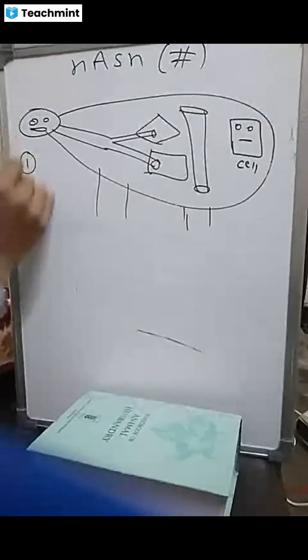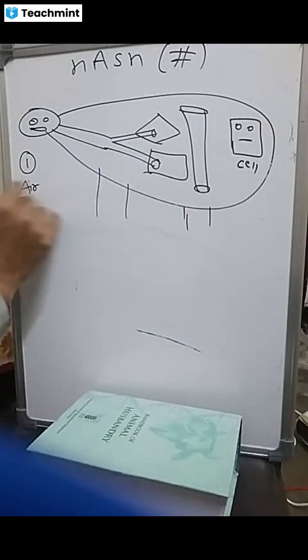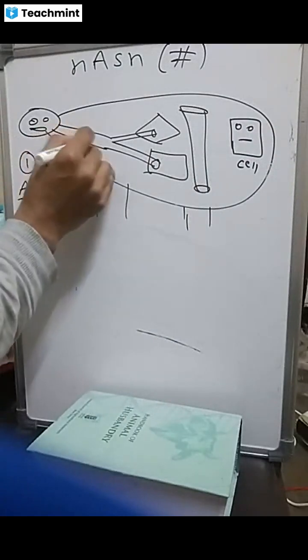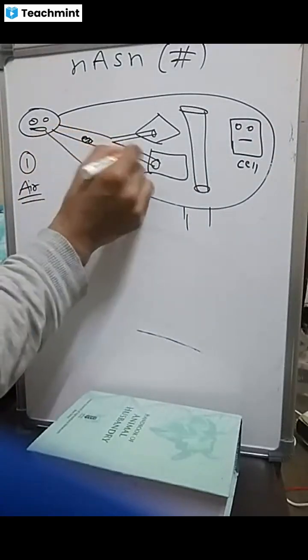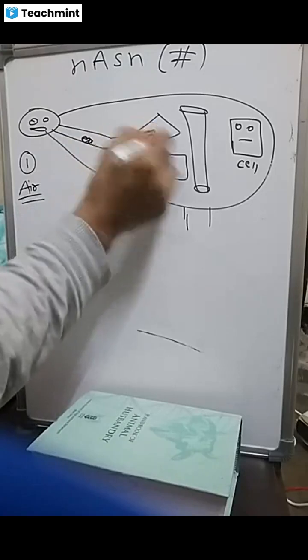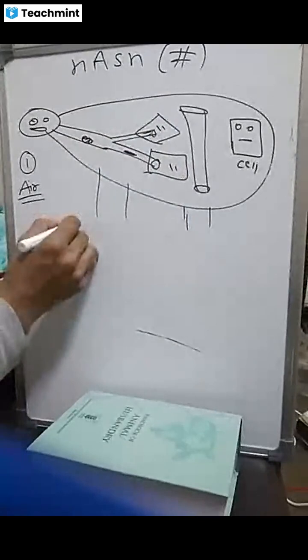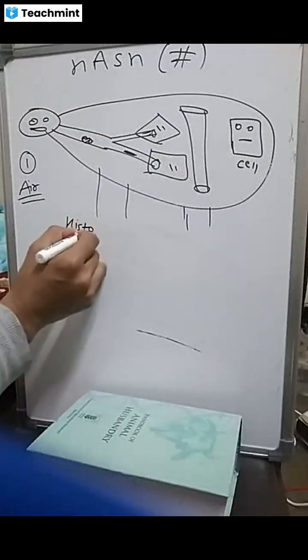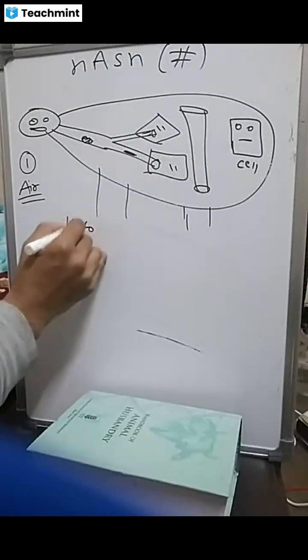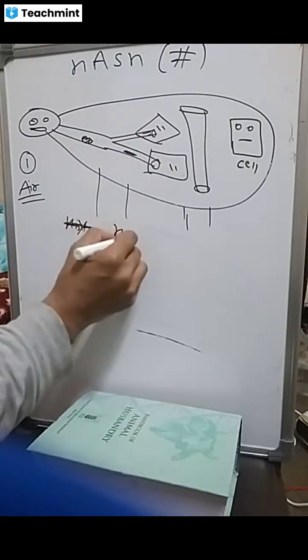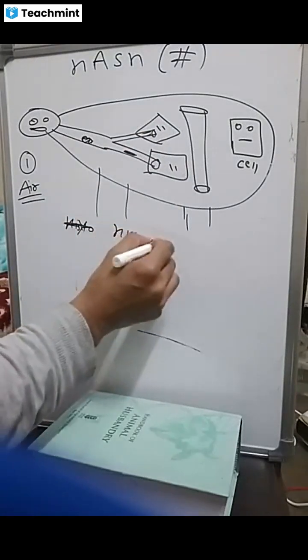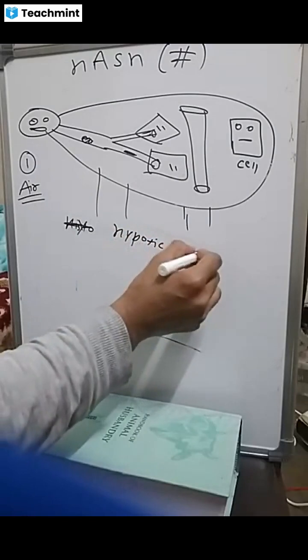First problem is at the level of air or at the level of airways or lungs. That was the hypoxic hypoxia.